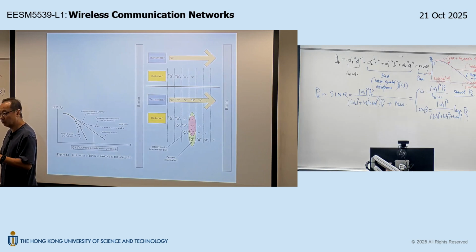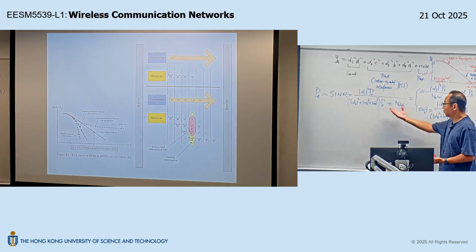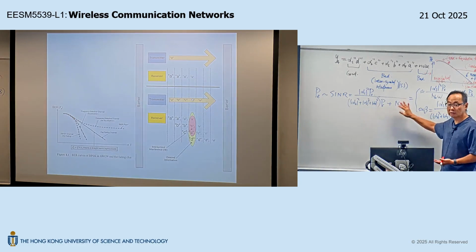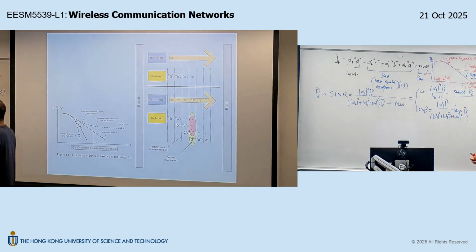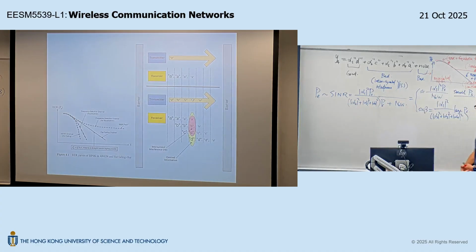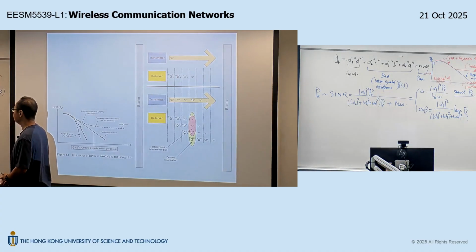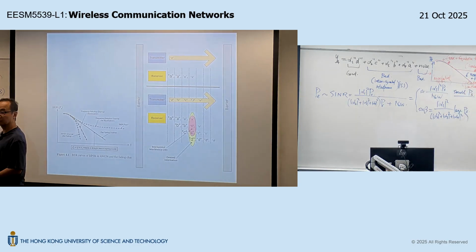And the two behaviors will be very different. In the interference limited region, the bottleneck, as its name implies, is the interference, right? The noise doesn't matter. Okay? Whereas in noise limited region, the bottleneck is the noise, as if there were no interference. And that explains why the error probability curve will have this behavior.